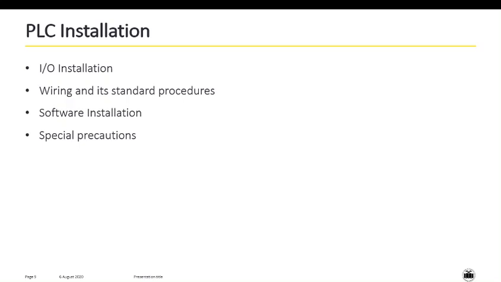So we should first check whether those field devices have some leakage current or not, and based on that we should install our IO module. Generally a proximity switch is a leaky device. So if we are using proximity switches, then we have to first check those switches and then install them.